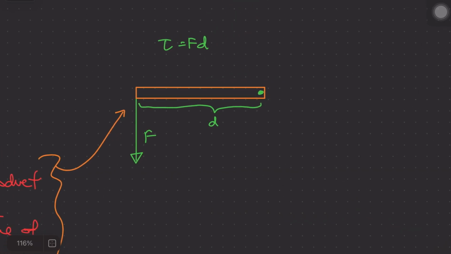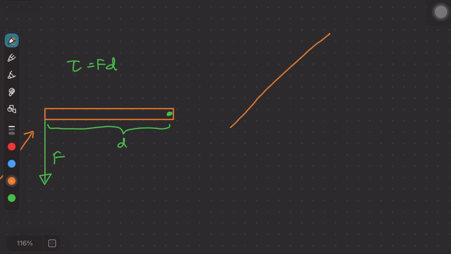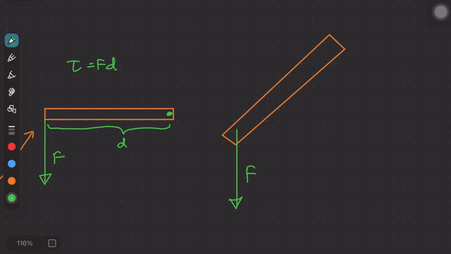So for you to better understand what it means by the perpendicular distance from the line of action, let's say we have another stick here, and we still have a force that acts downward as such. How do we find the moment about this particular point? We can extend our force's line of action such that we can find the perpendicular distance from the point to our force's line of action.